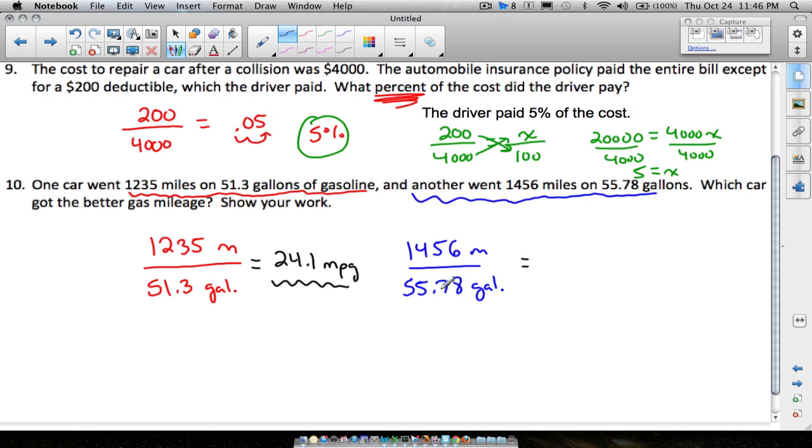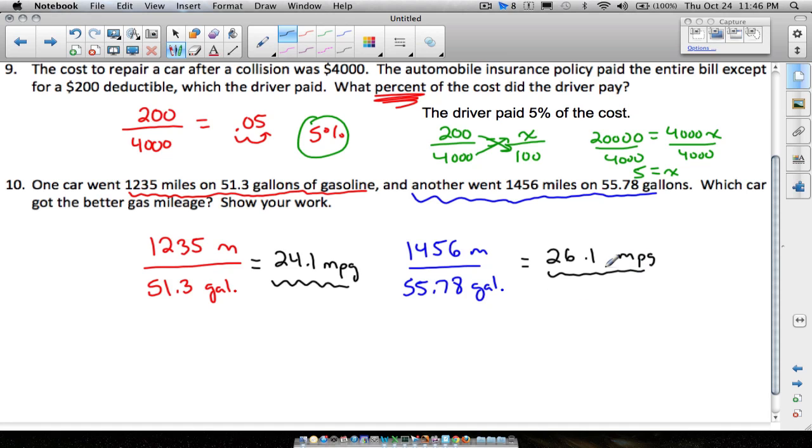Let's do the same thing over here. Go to the calculator. 1,456 divided by 55.78. Oh, look at this one. 26.1 miles per gallon.